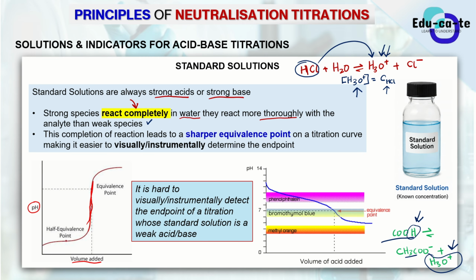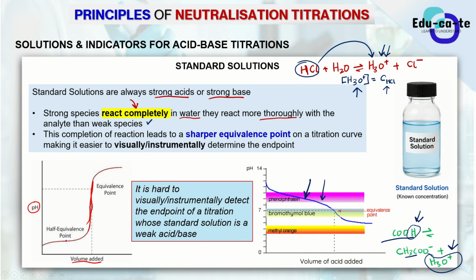But when you use weak acids or weak bases to make your standard solution, your titration curve is not going to have a sharp equivalence point. This makes it harder for us to determine or visualize the endpoint.